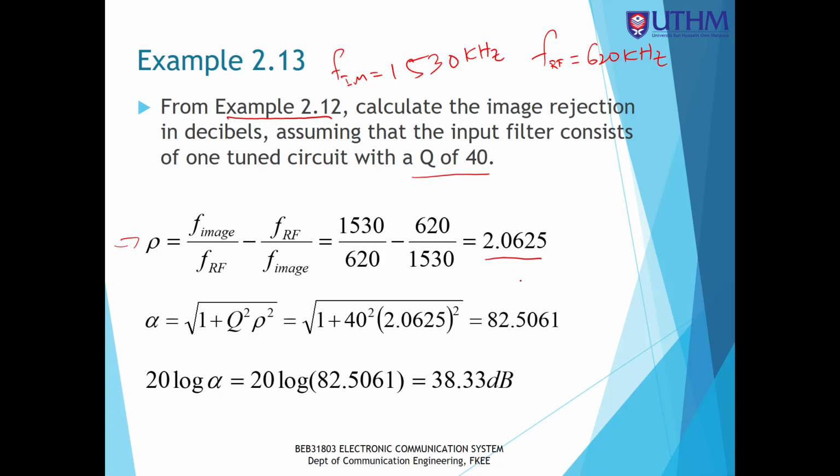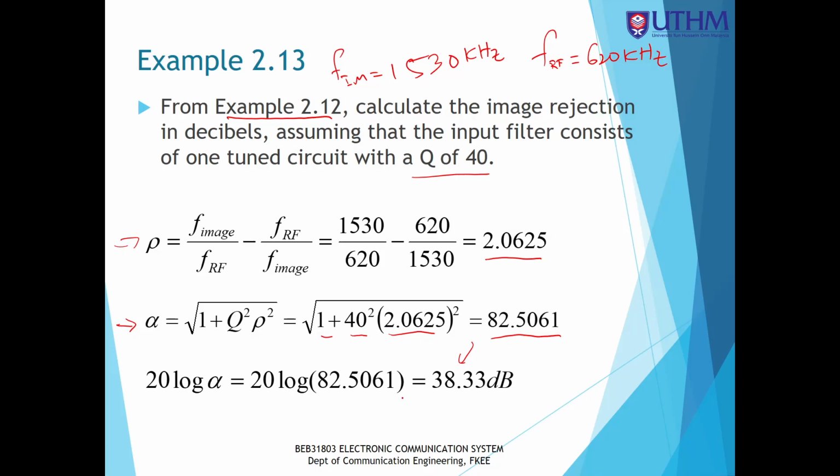Then we can find the alpha parameter equal to square root of 1 plus Q square rho square. So this is the square root of 1 plus 40 square, multiplied with rho square, 2.0625 square, and we get 82.5061.